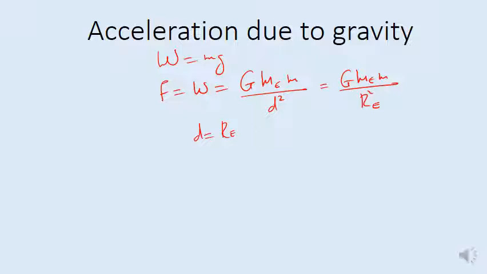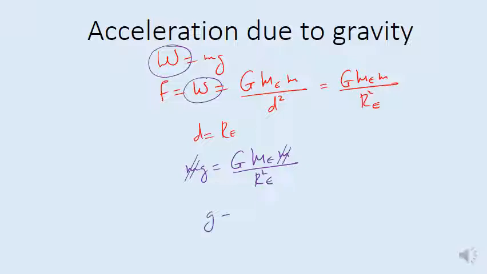So have a look at this very carefully here. We have a formula for weight, and we have a second formula for weight. And so we equate them. mg is equal to G times mass of the Earth times m, all over r squared e. The mass of the object will cancel out on either side, and we have a formula now for the acceleration due to gravity close to the surface of the Earth.